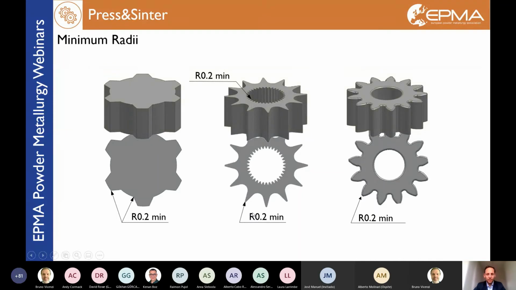So I have to consider this in some different gear geometries. Take in mind 0.2 minimum on tooth tip or tooth root, or even inner splines, of minimum radii. If you are seeing a customer drawing of a gear, 0.2 minimum radius to consider.